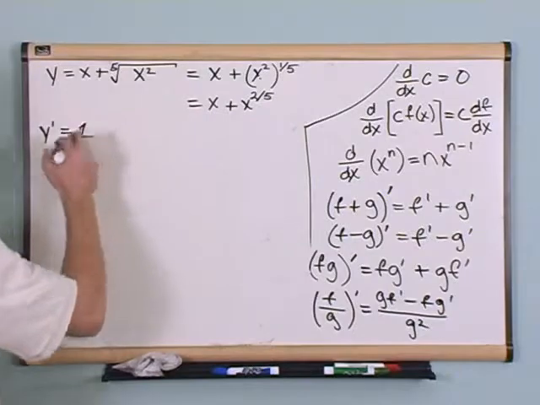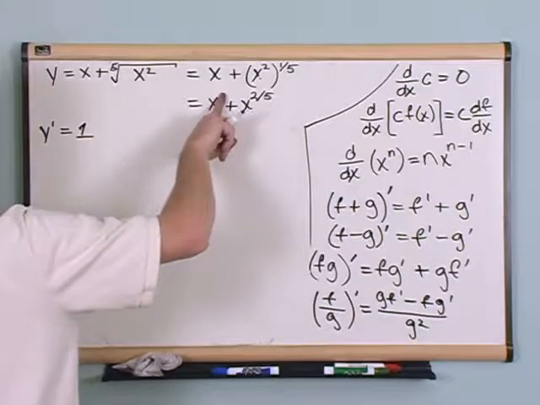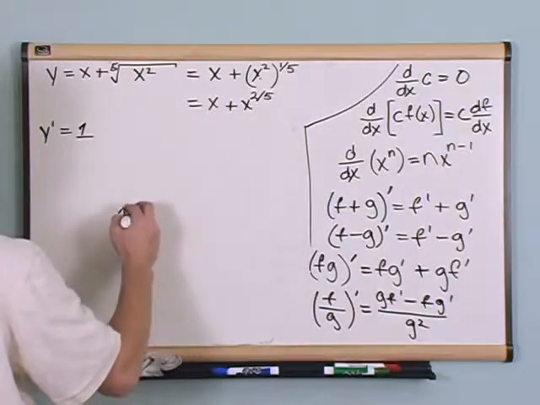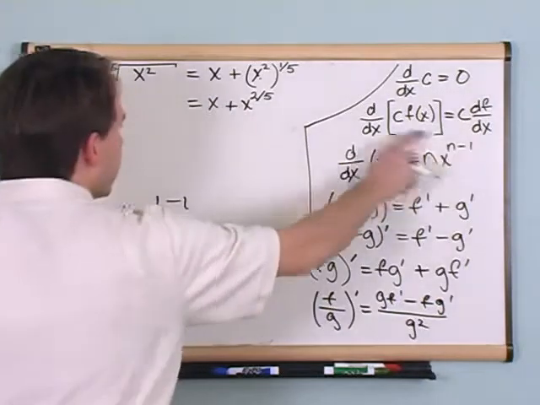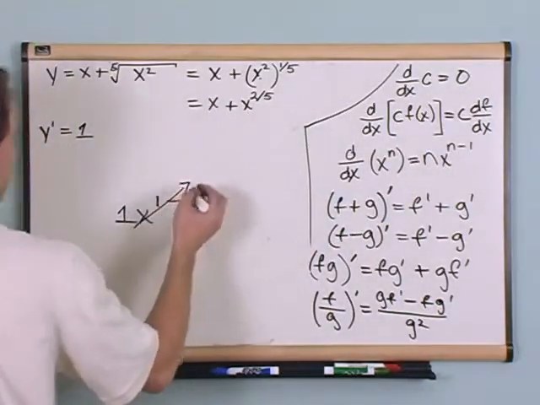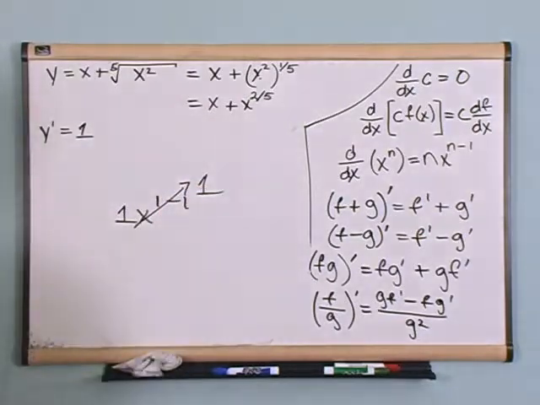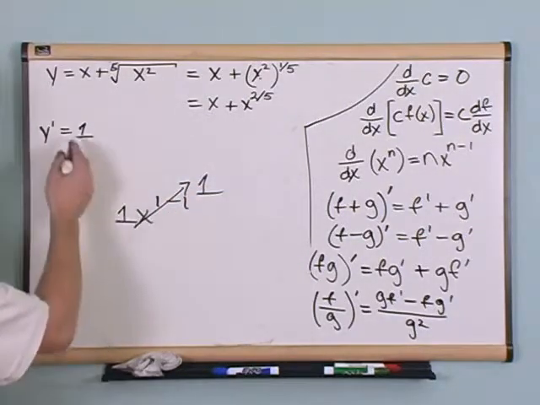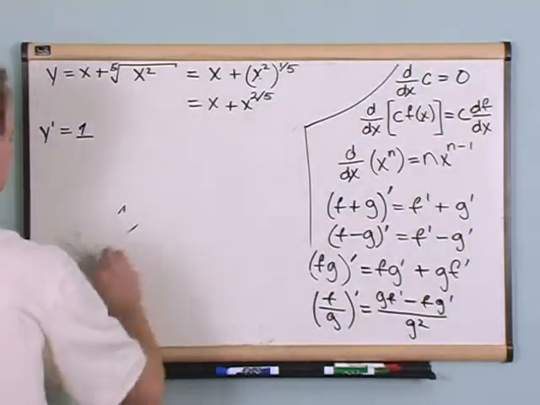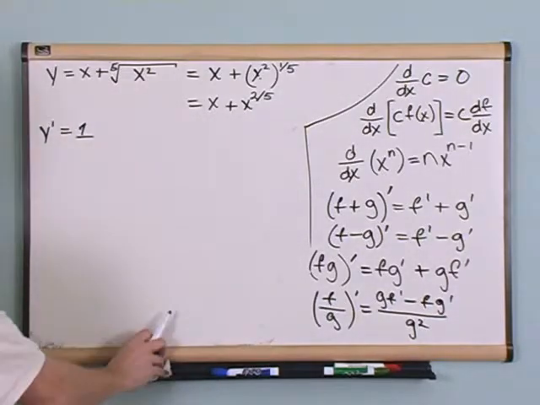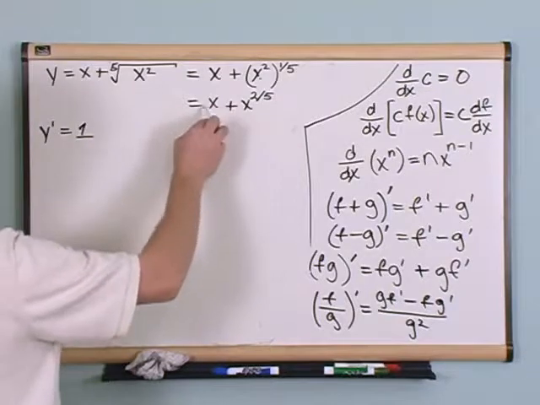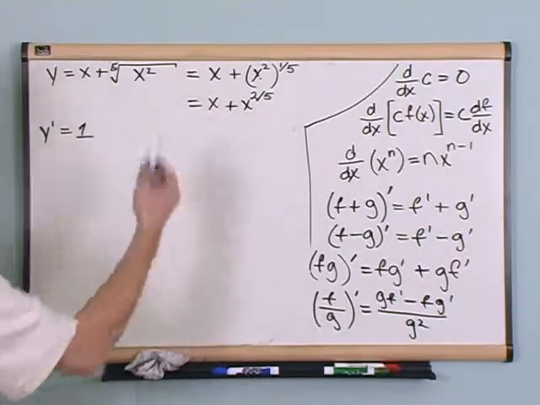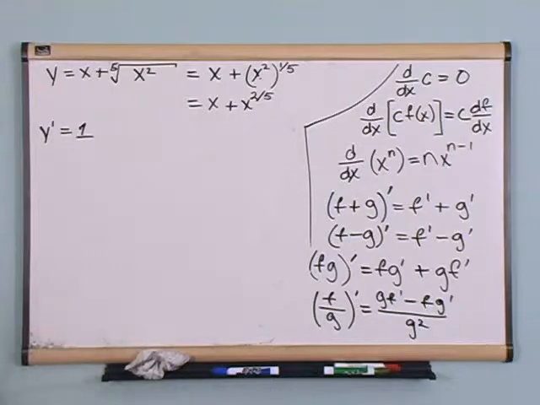Well, it's simply going to be 1, because you have a 1 in the exponent, that would come down, then you'd have x to the 1 minus 1, because I have to subtract 1 off, which would give me 0, and the whole thing would go to 1, because x to the 0 power is 1, so in the end, you have 1. This is probably a good place to tell you that basically anytime you see the variable by itself with nothing else going on, you're pretty much going to just take whatever number's out in front, and that's the derivative of it. And you'll see these patterns as you work problems.